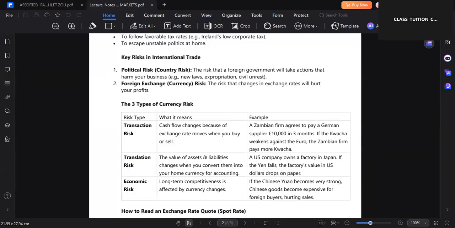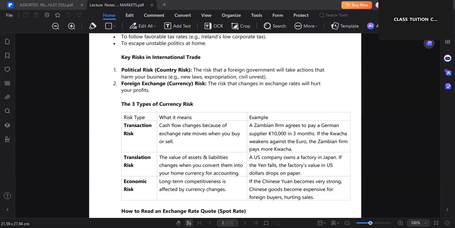These are the two main ones. So political risk is the risk that a government will interfere with your business transactions. Okay, the risk that something harmful will happen to your business. For instance, the government might what?